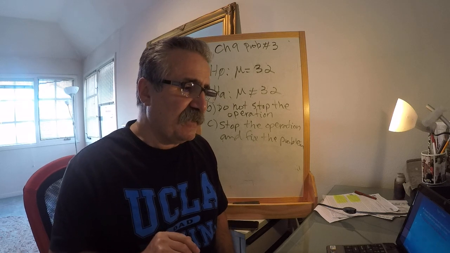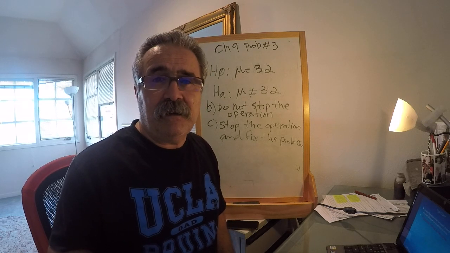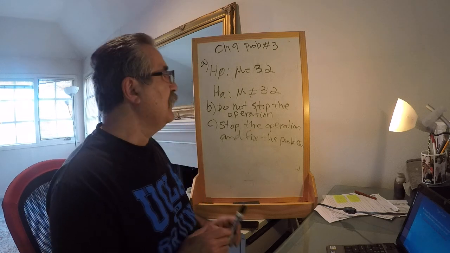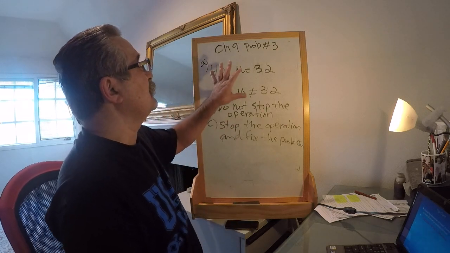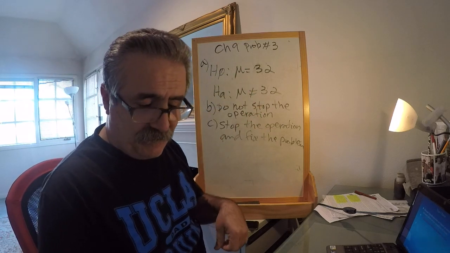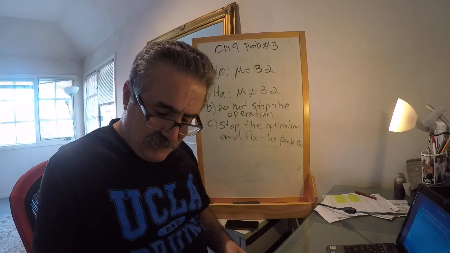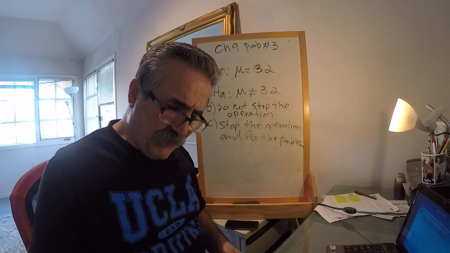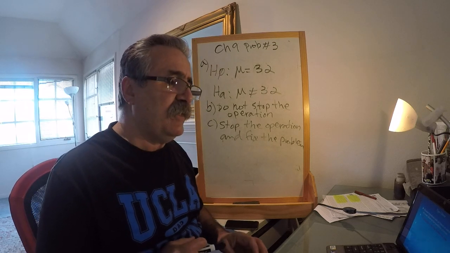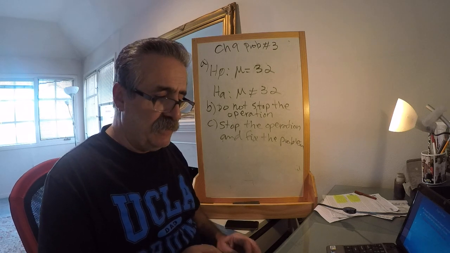Anyways, this is video number 3 of chapter 9. We stopped at problem number 3, and we did problem number 1 and problem number 3. Now we continue with chapter 9.